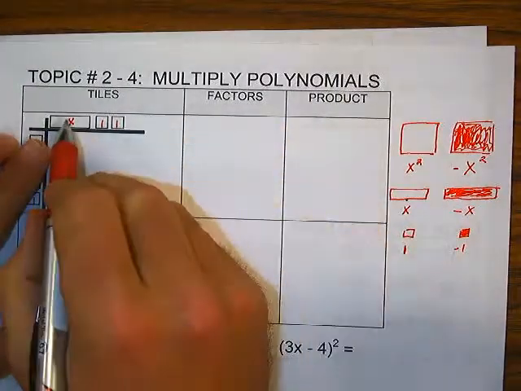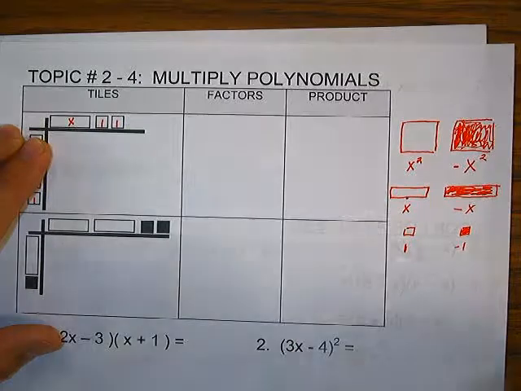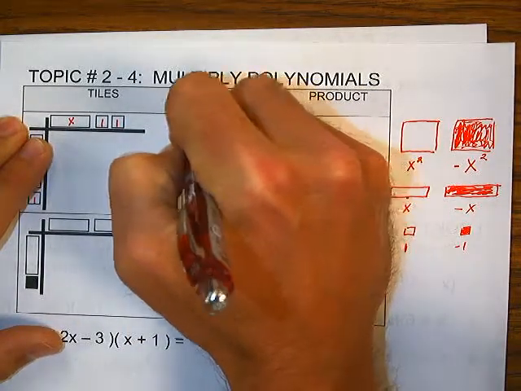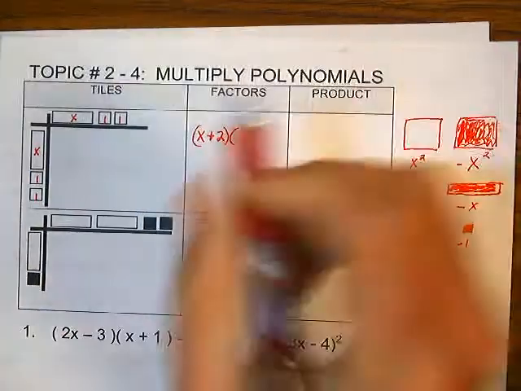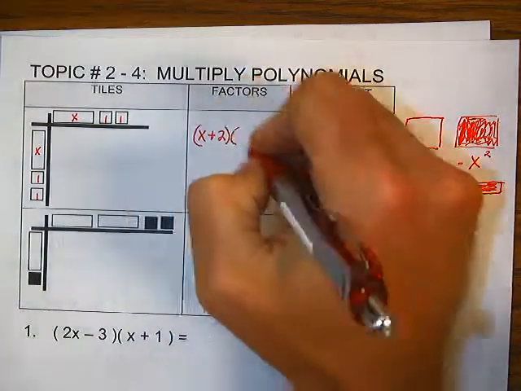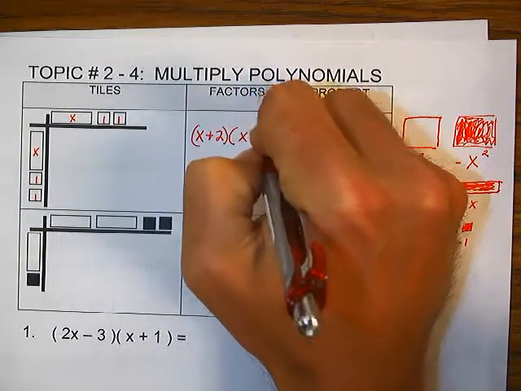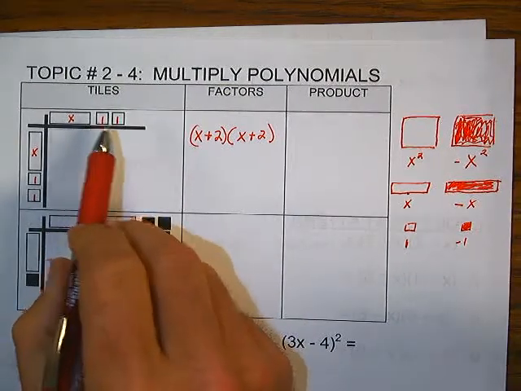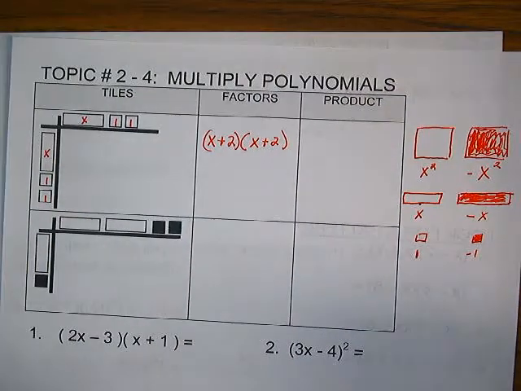Up top, we have x plus 1 plus 1, that would be x plus 2, times, what do we have on the side? x plus 1 plus 1, which is x plus 2. So right here, we're going to multiply x plus 2 times x plus 2.